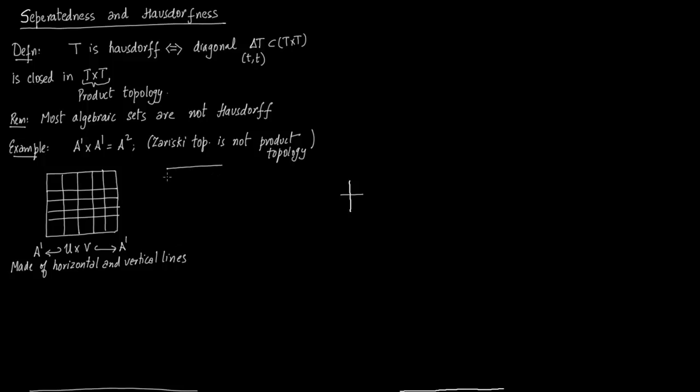In the simplest case, we cannot have a diagonal which is closed in the product topology, because the diagonal is not made up of horizontal and vertical lines. So we have a failure of Hausdorffness in the simplest case of A1 times A1, and therefore we need to replace Hausdorffness with something more helpful.